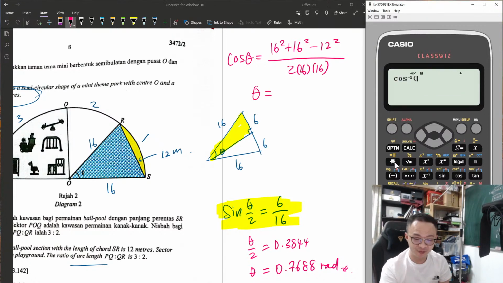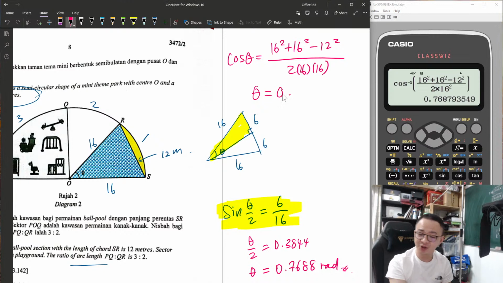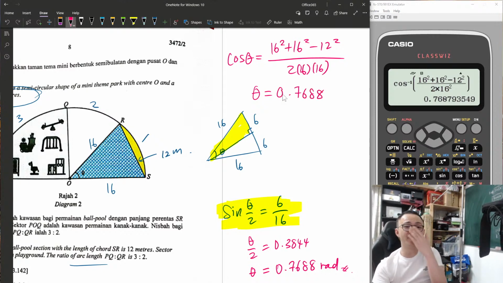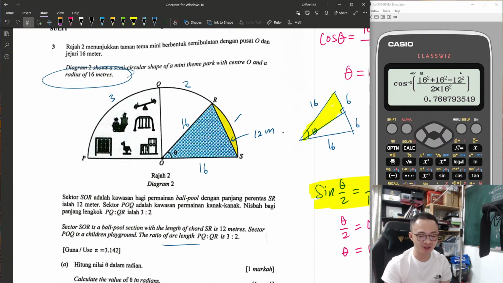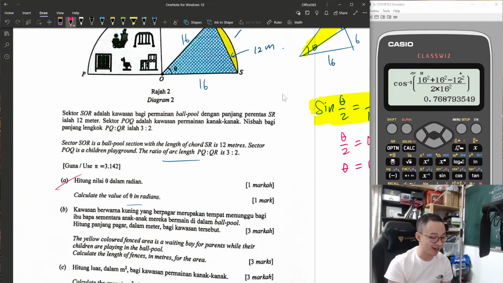Shift cos of the fraction. Yeah, you are still getting 0.7688. So both methods will tell you the same. Can I use the cosine rule to find the radian? Yeah, I just showed you, you can. Don't worry. If you prefer to use the cosine rule, go ahead and do it. Just 1 mark.